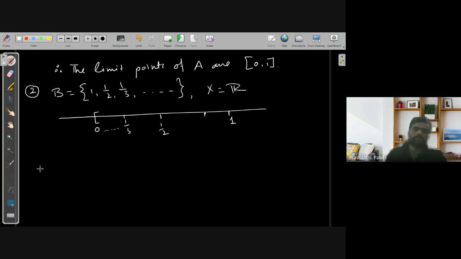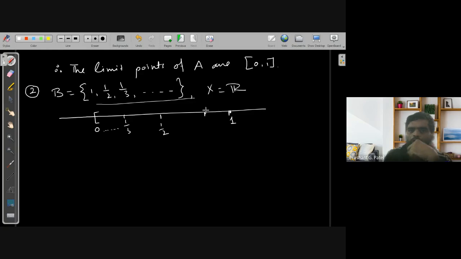So can somebody tell me what will be the limit point of this set? Can I say, first of all, 1 is a limit point of this set? As per the definition, every neighborhood of 1, except 1 itself, should intersect this set.